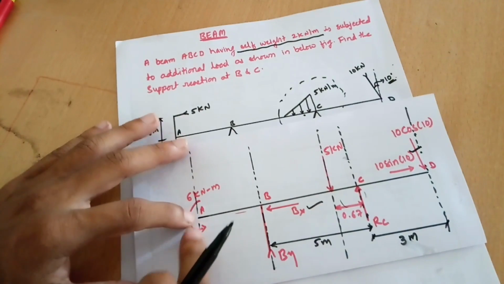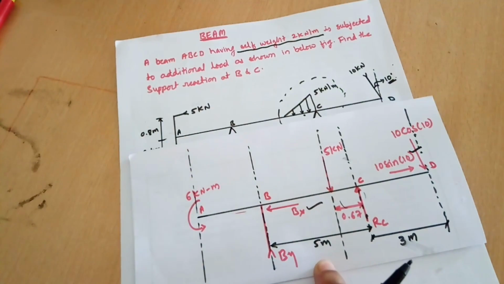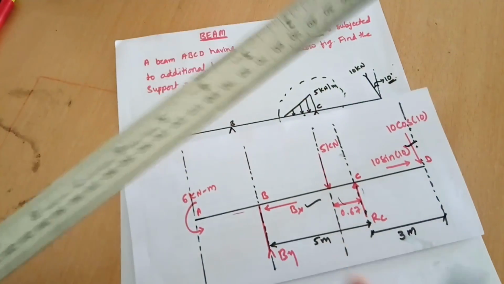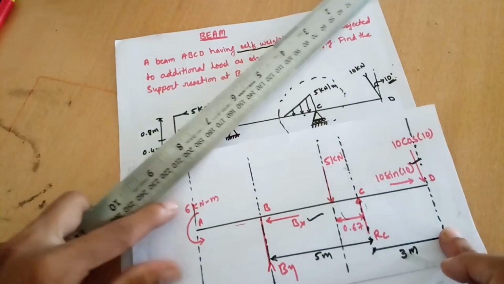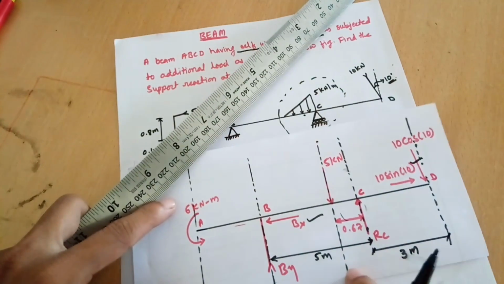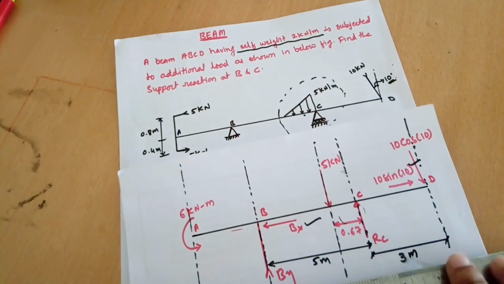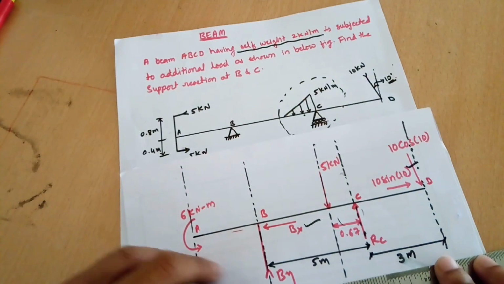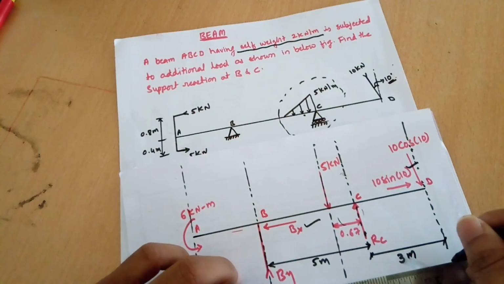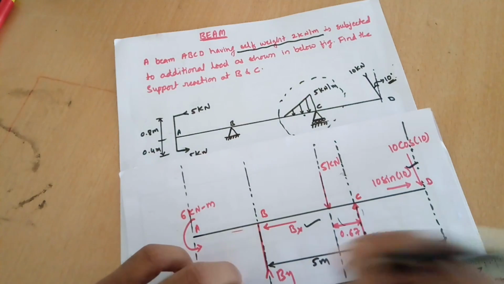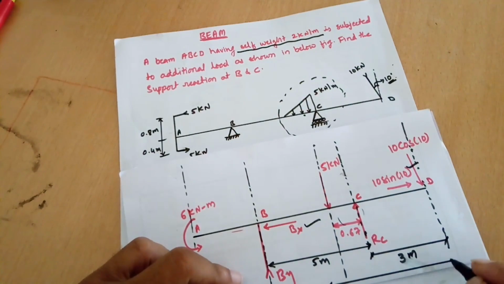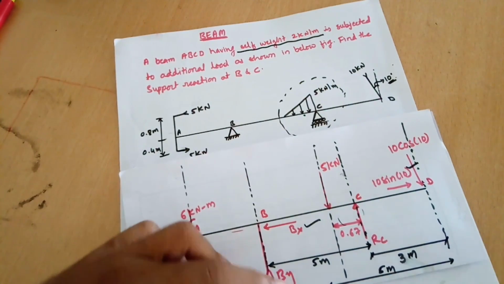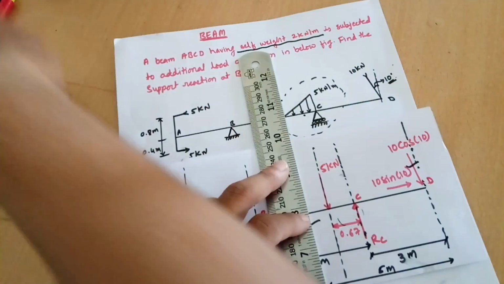So from this end I have to mark one point at 5 meter, and from the other end also at a distance of 5 meter.